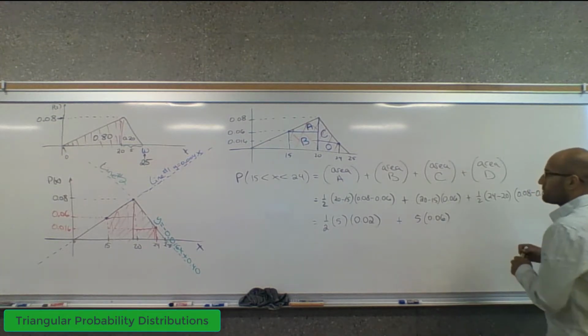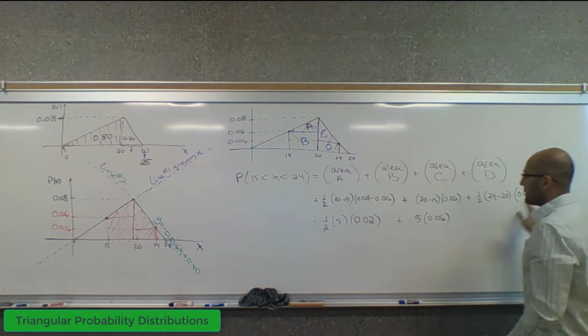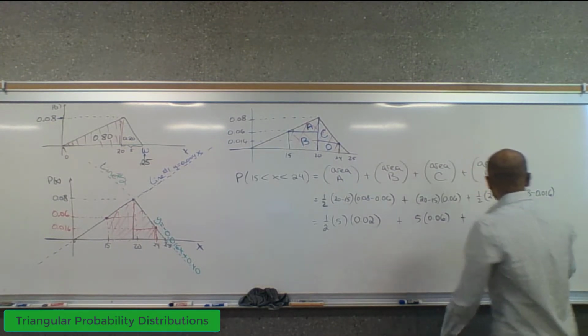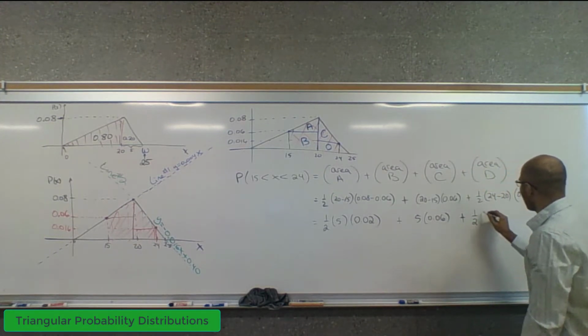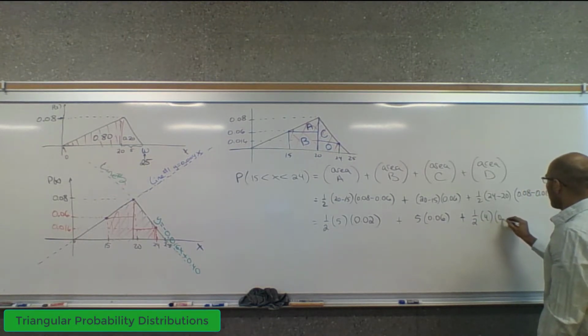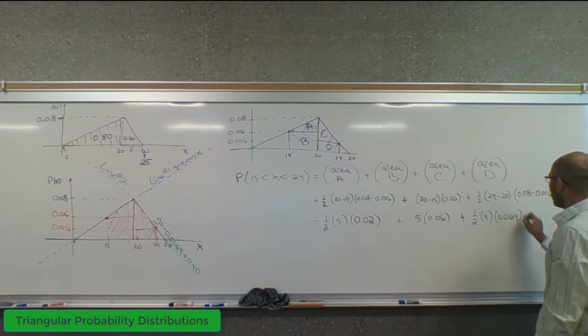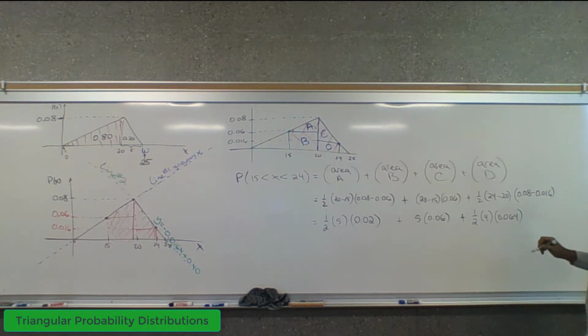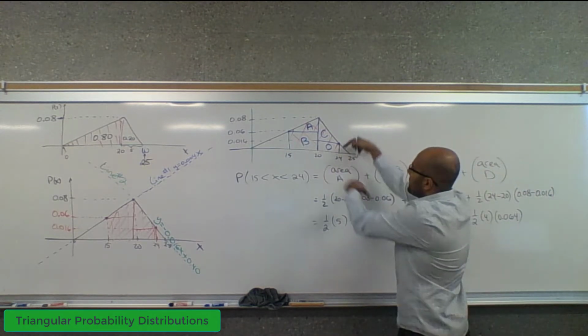You know what? I ran out of room here, and it's going to be kind of ugly. So this is going to be equal to 1/2 times 4 times 0.064.